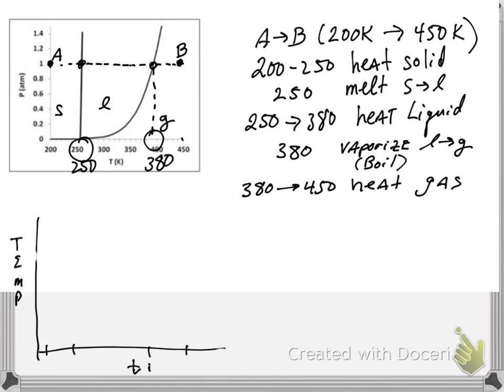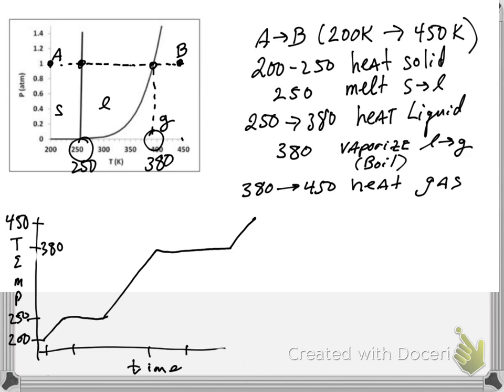Okay, so here it is, and we're going to put our temperatures on this graph, 250, 380, 450. So the first thing that happens is we heat the solid, so that's shown as a ramp. And then at the melting temperature, the temperature is going to remain flat for some time as we melt the solid. And then we're going to heat the liquid up, and then we're going to boil, which is going to be at the same temperatures.